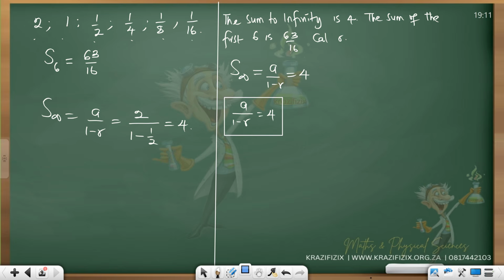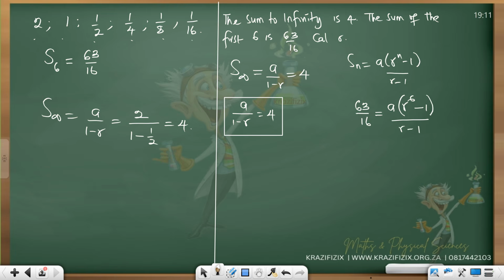Then they told this learner the sum of the first 6 terms. So this learner knows that Sn equals a times r to the power n minus 1 over r minus 1. S6 is 63 over 16. This learner does not know a, does not know r, but knows that n is 6.